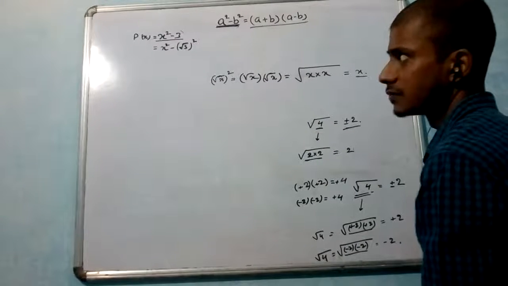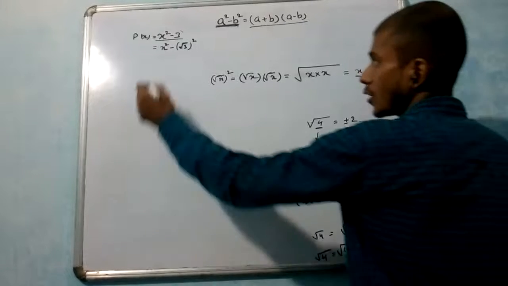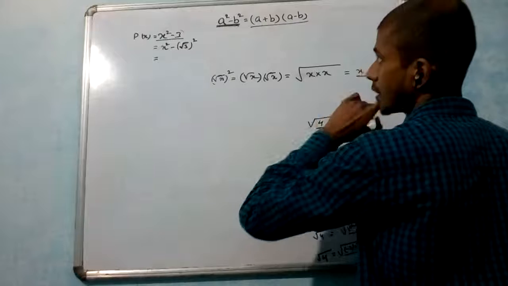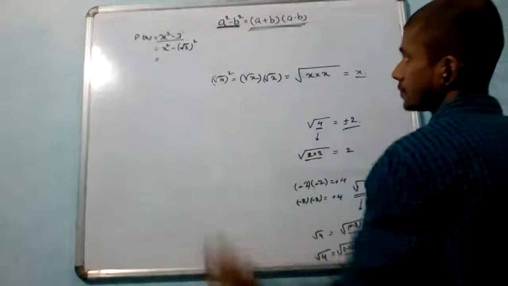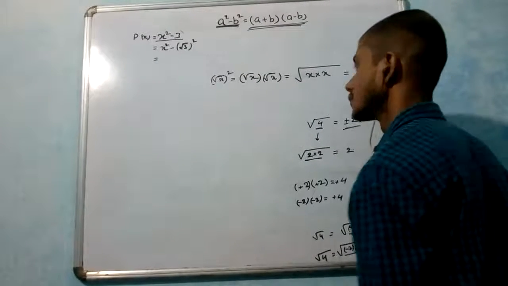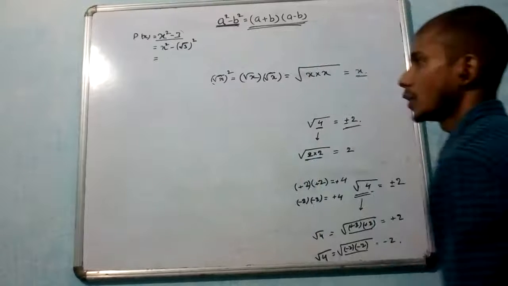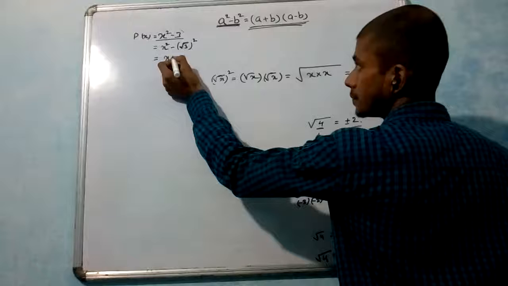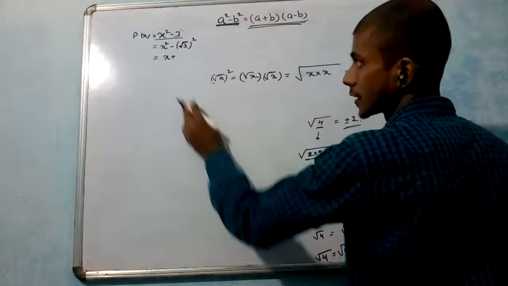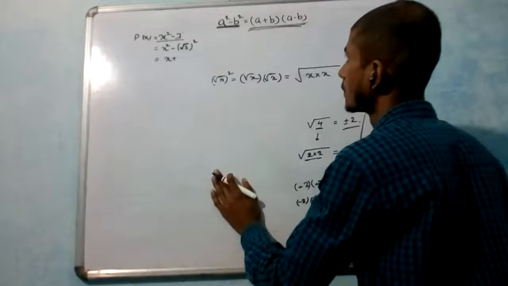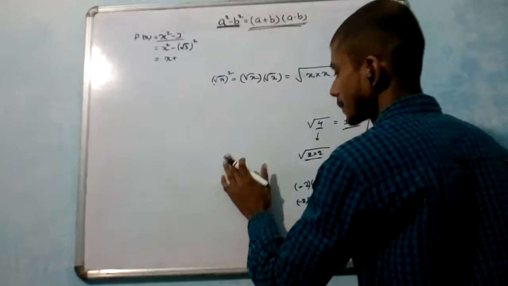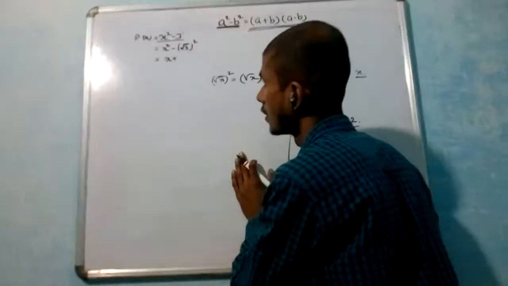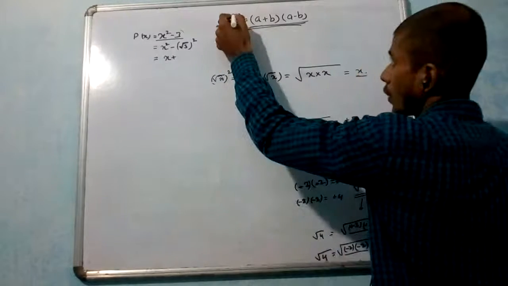Now tell me, how can I use this a square minus b square? What should I write using this identity? A plus b into a minus b? Yes. What is b?